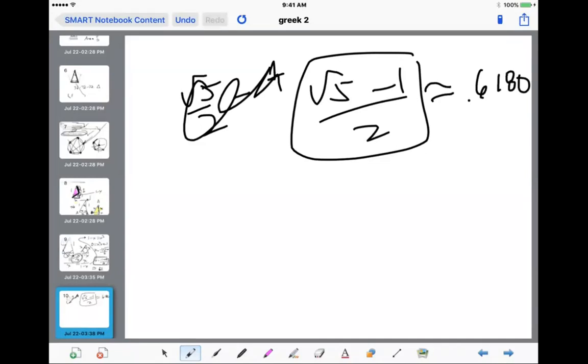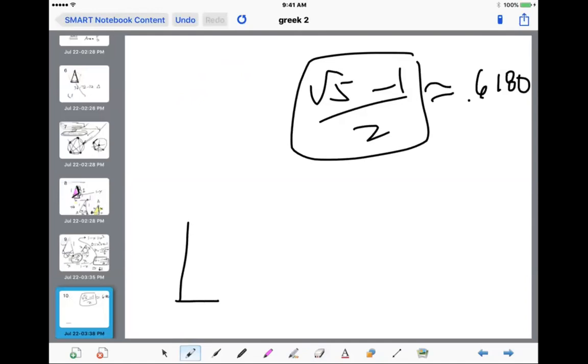Well, if I want to make a line segment that is that length, here's the sneaky way of doing that. Step 1, make a line segment of length 1 and a line segment of length 2 and make like an L-shaped thing.